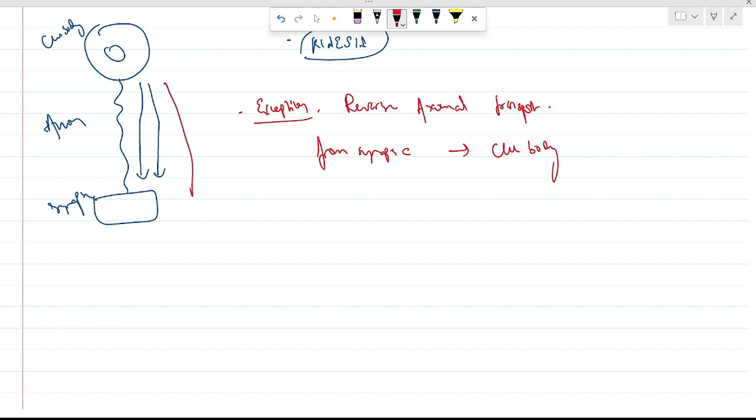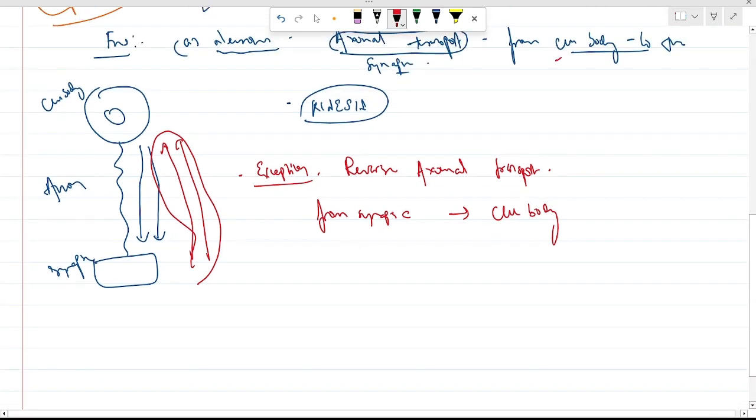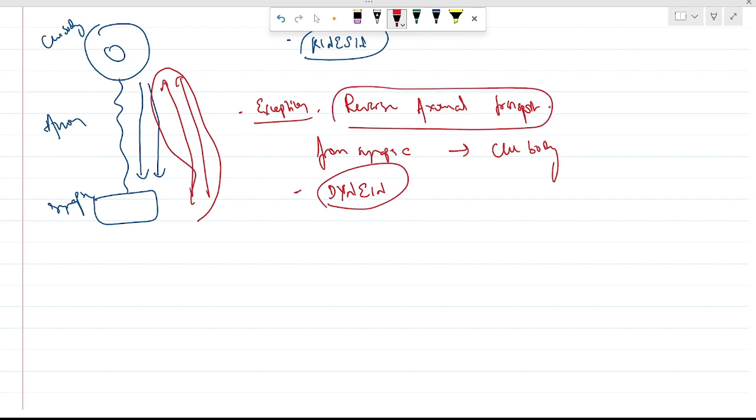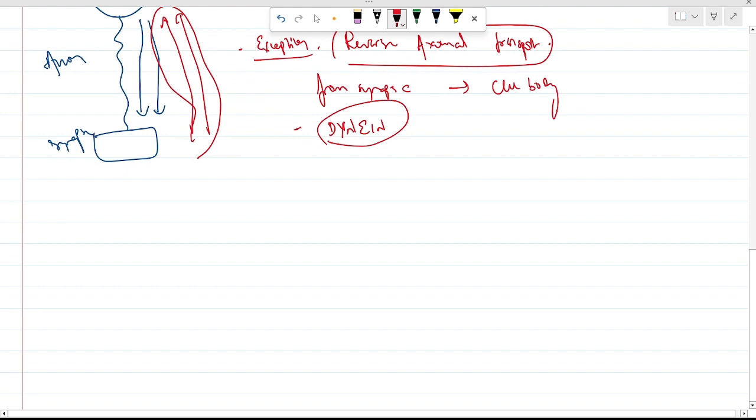This is the reverse axonal transport. So why does this reverse axonal transport occur? First we are going to see the protein involved. The protein involved is the dynein. The dynein protein is involved here in the reverse axonal transport from synapse towards the cell body.